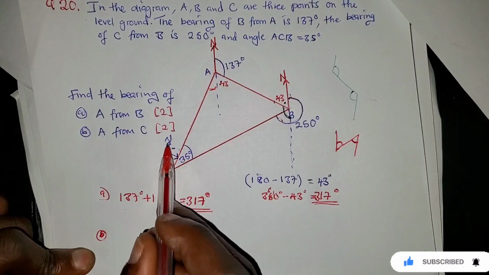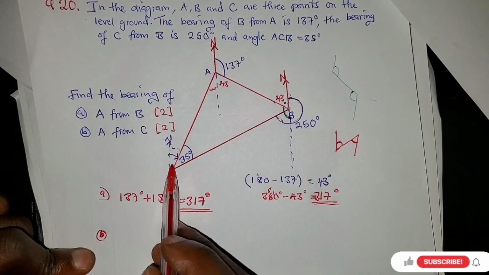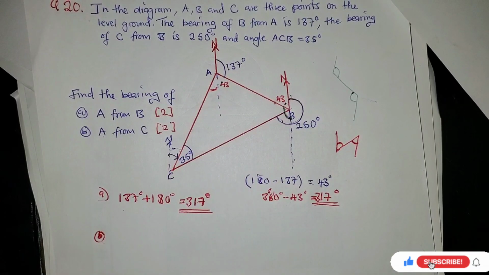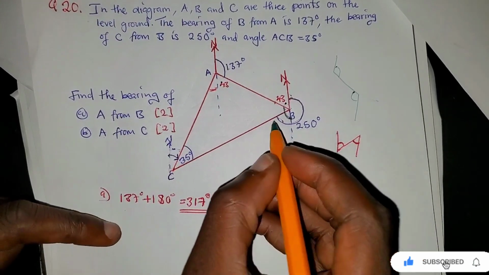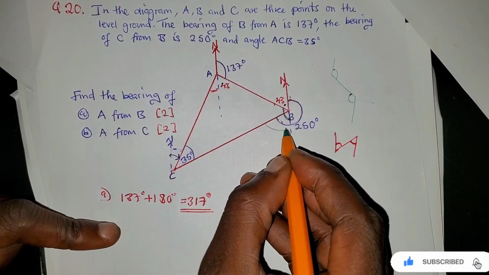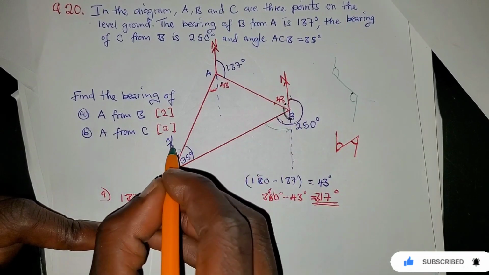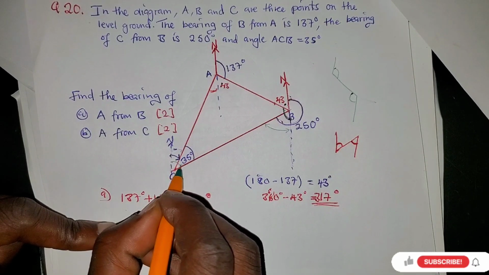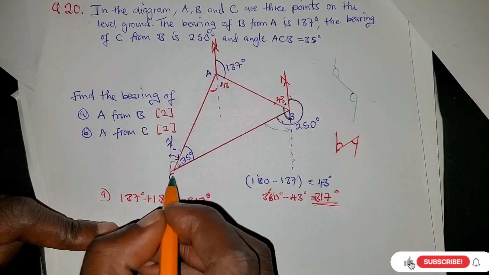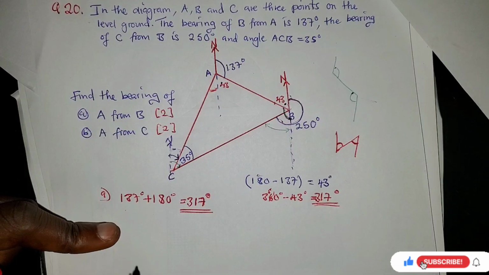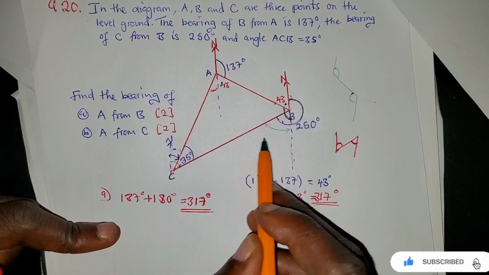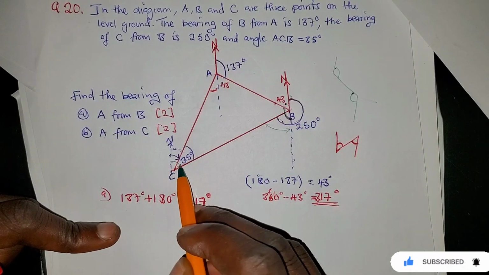Let me use a different color so that you understand. This angle here is equal to this angle, from where the north is up to this line connecting C and B. If we can find this angle, then it will be easy to find this one.